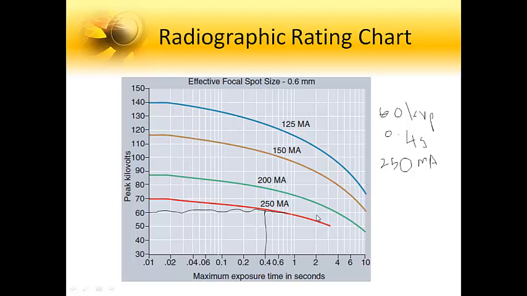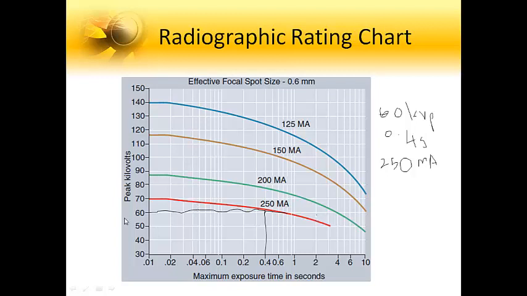For example, if I change the values to 70 kVp, 0.4 seconds, 250 mA, I just change from 60 kVp to 70 kVp.